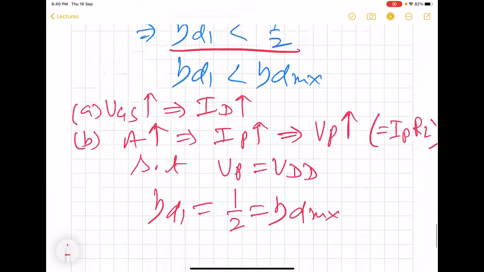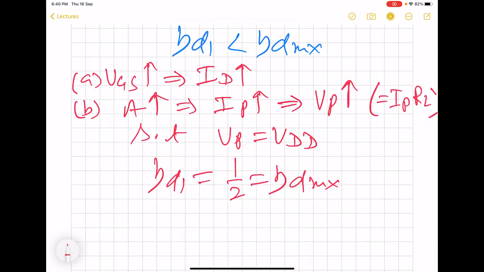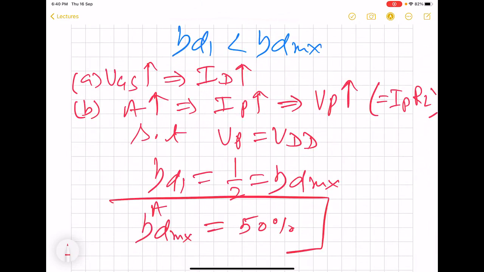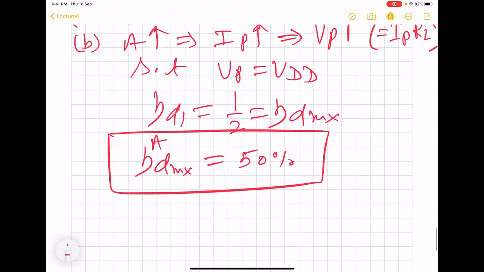So what we get is the maximum value of drain efficiency is equal to 1 by 2. That means equal to 50%. So this is for class A. Right.